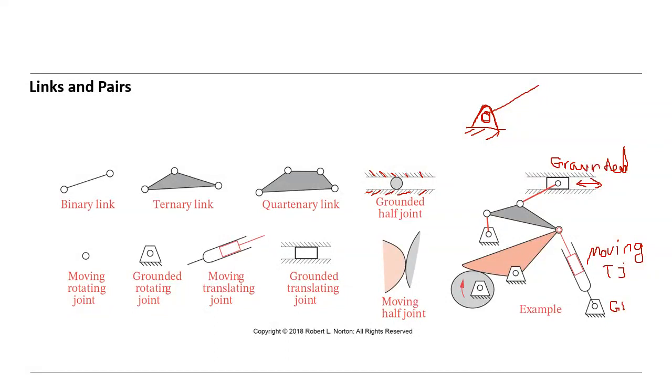Grounded rotating joint, so it's abbreviated. Okay, this is also a grounded rotating joint. Okay, this is a ternary link.